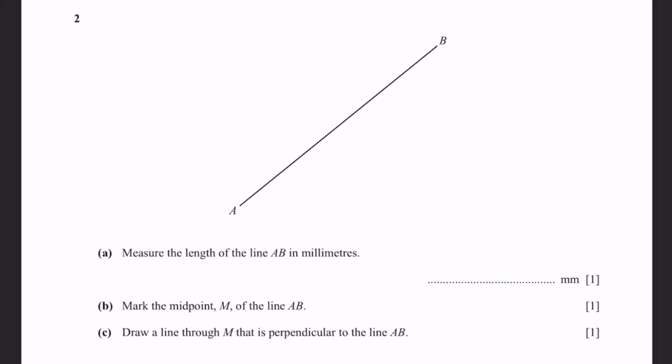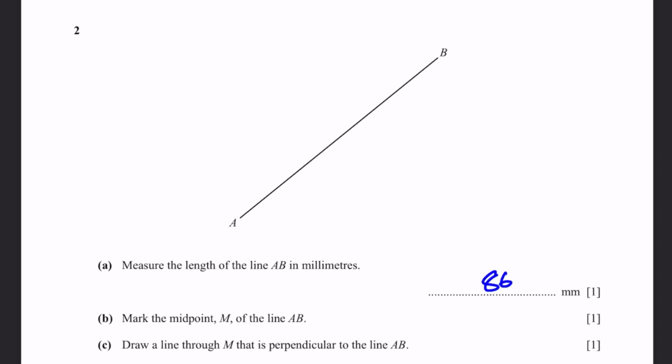Question 2. A. Measure the length of the line AB in millimeters. So I've measured this on a paper and I've found the answer to be 86 millimeters or 8.6 centimeters. B. Mark the midpoint M of the line AB. We know the length of the line is 86 millimeters, which is 8.6 centimeters.